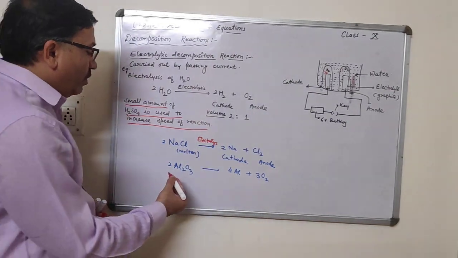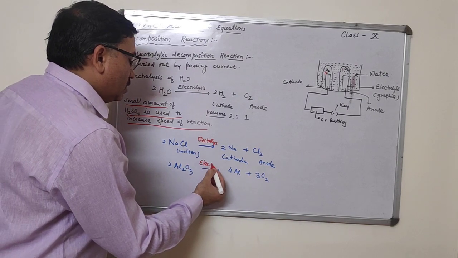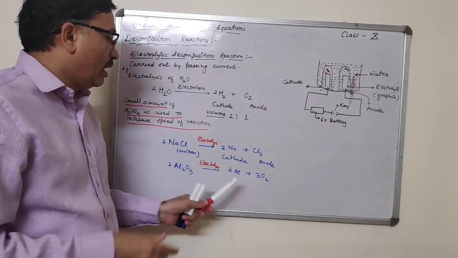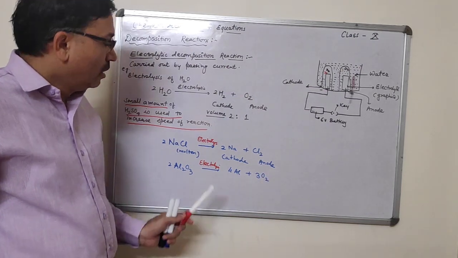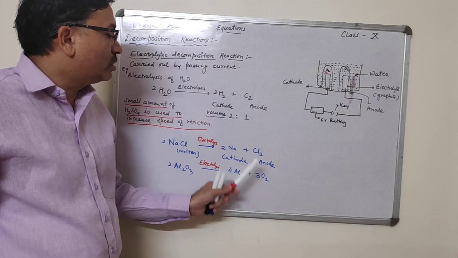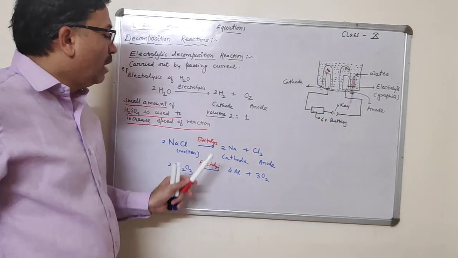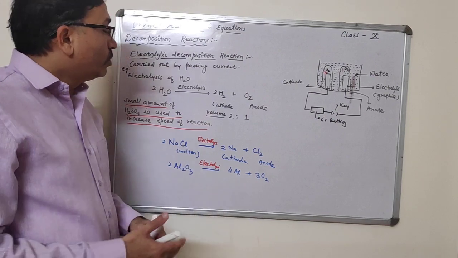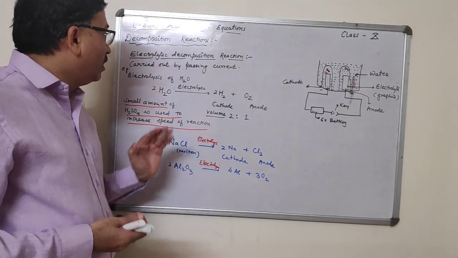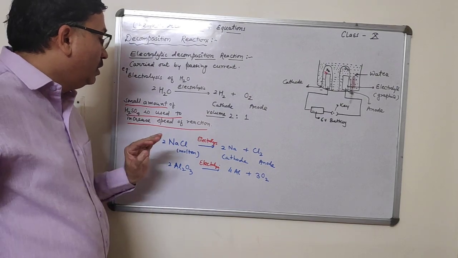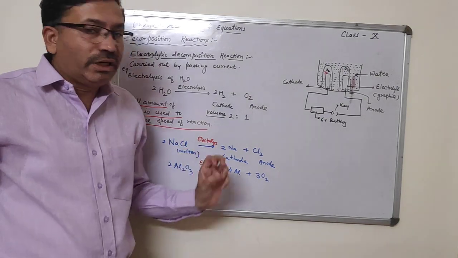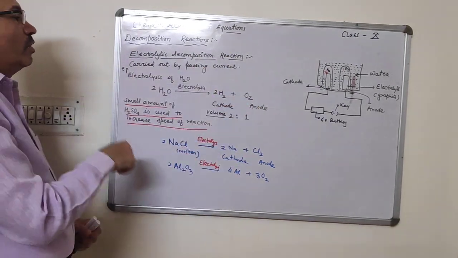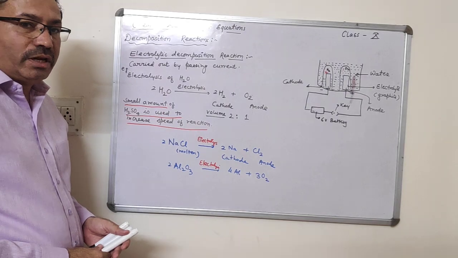When we electrolyze molten alumina, it gives aluminium and oxygen. Again, aluminium at the cathode and oxygen at the anode is formed. And aluminium metal is also extracted by this process only. So we can understand one more thing, that electrolytic decomposition is used in extraction of metals also. So this is all about electrolytic decomposition reaction.